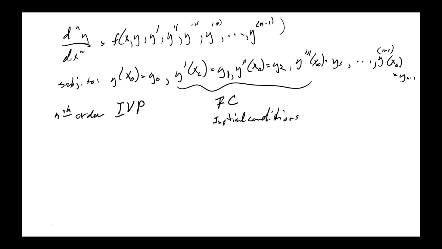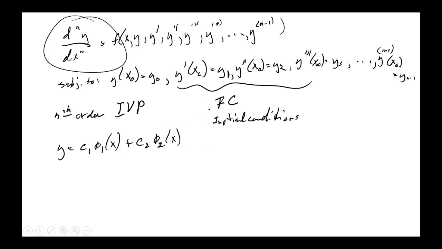Now, when you're solving an nth order initial value problem, first you find an n parameter family of solutions. Because if you had this as a problem, you know you're going to have y equal to some c1 phi1 of x plus some c2 phi2 of x, where these are all solutions to it, and you have n parameters.